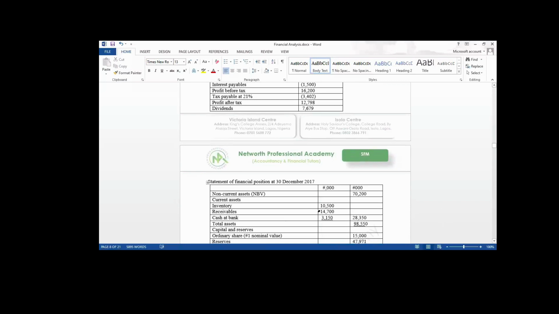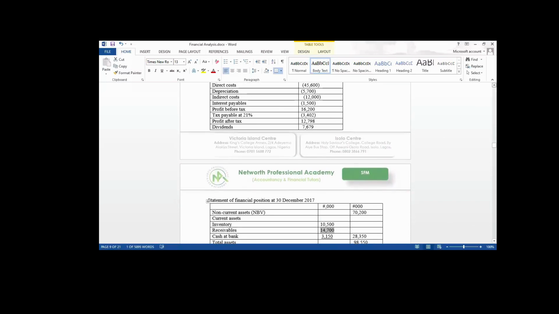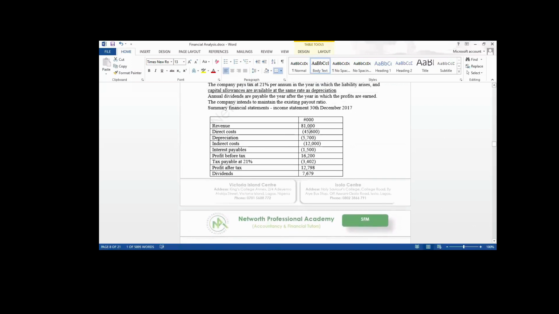Receivables 2017, 14,700, as a percentage of revenue or proportion of revenue. Revenue 2017, 81,000. Please work this out.